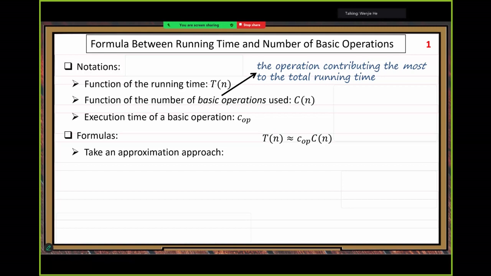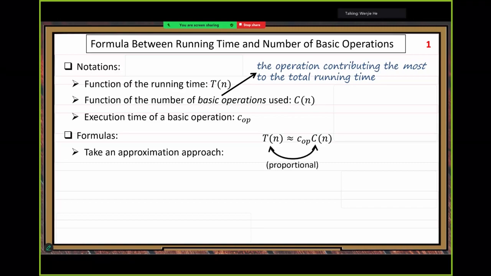So this formula tells us these two functions are closely related, capital T function and capital C function. But the little c constant is different for different computers, different machines.